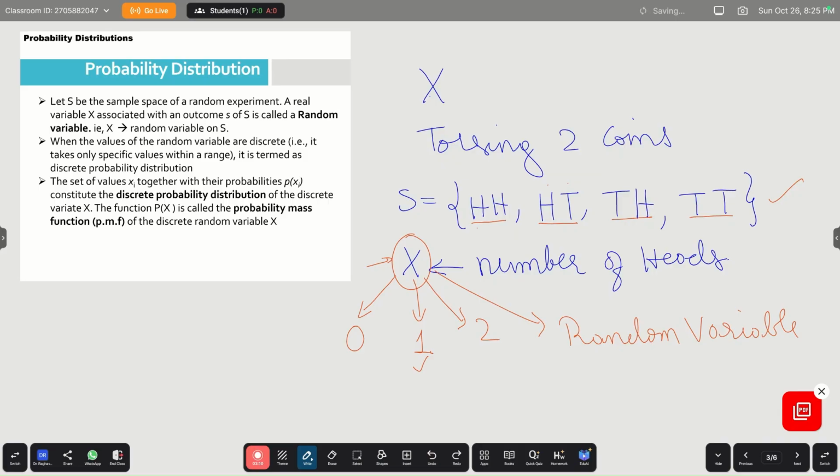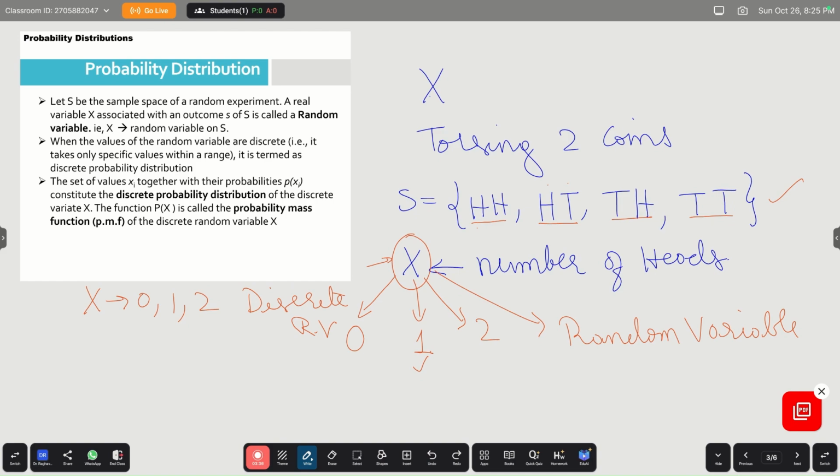Now suppose x takes discrete values, then it is called a discrete random variable, and if it takes continuous values in an interval, it is called a continuous random variable. In our example, x is taking the values 0, 1, 2, discrete values. So whenever x takes discrete values, it is called a discrete random variable.